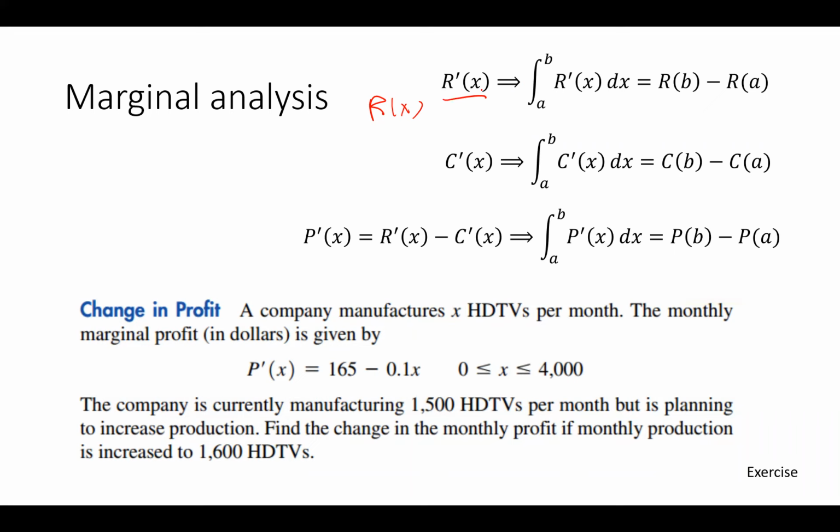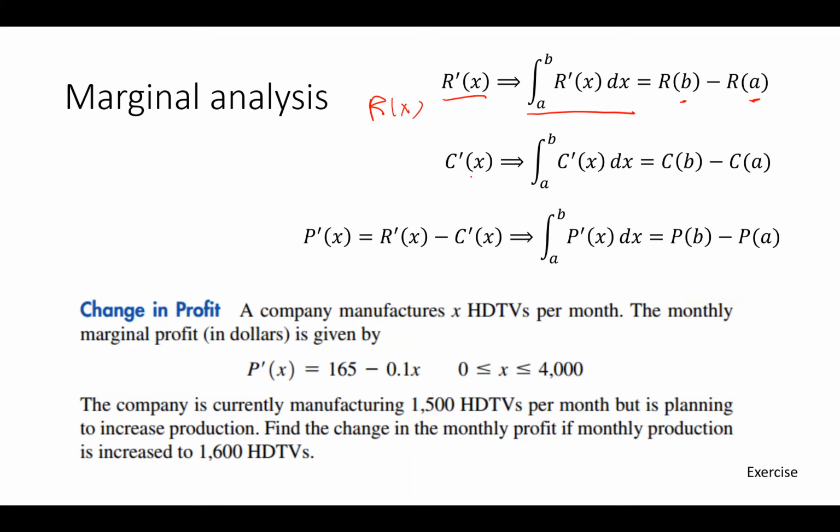If we now take this first derivative and integrate it using a definite integral, we get the additional revenue from moving production from a to b. This is a literal interpretation of the definite integral within this range.